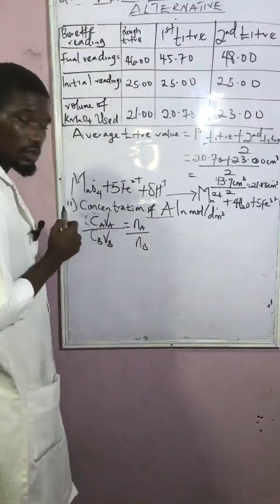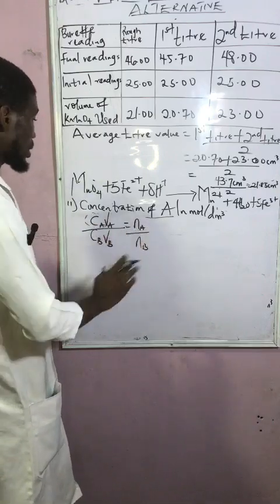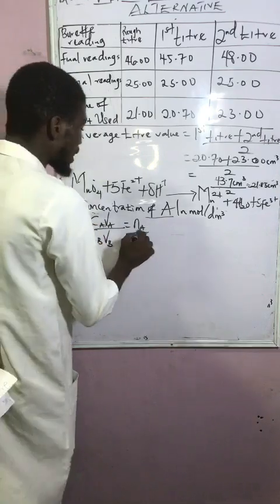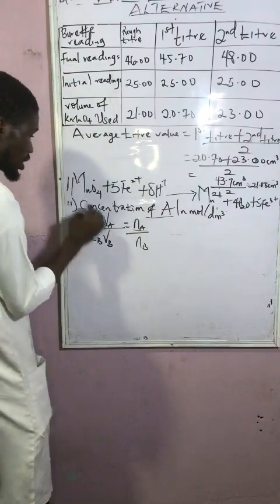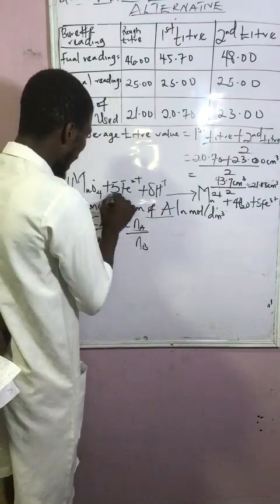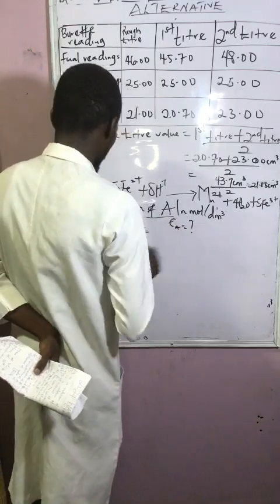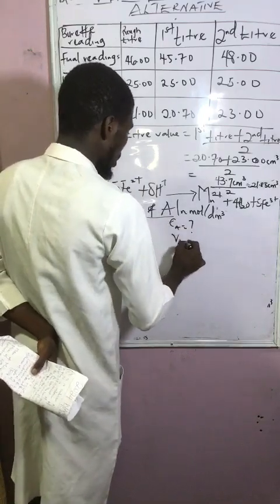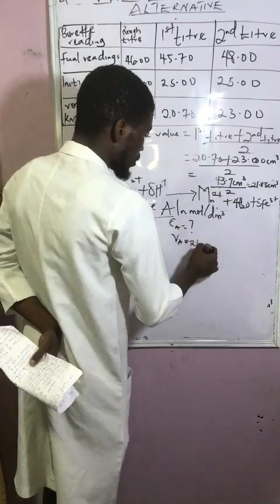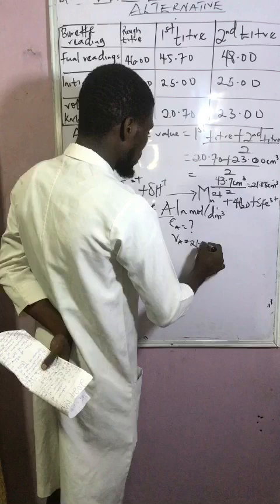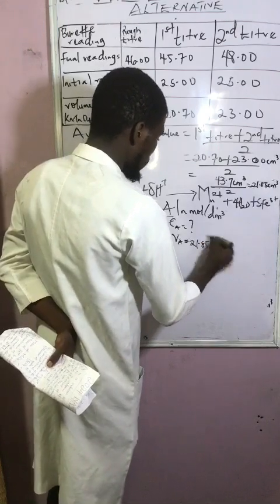So the concentration of A in mole per dm cube is Ca. For you to have your final answer, looking at what you have on the board, our number of mole of acid here is MnO4, which is 1. Number of mole of base is 5. So you have Ca unknown, Va, the average volume of acid used for our KMnO4, is 21.85 cm cube.